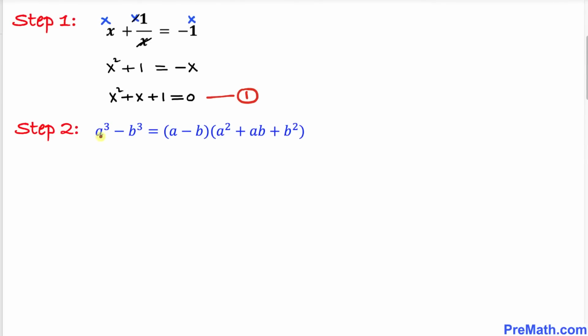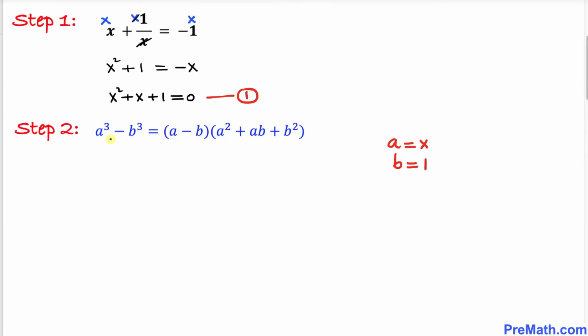And here's our next step. Let's recall this well-known formula: a cubed minus b cubed is always equal to a minus b times a squared plus ab plus b squared. Now let's go ahead and make a substitution. Let me say a equal to x, and b equal to 1.